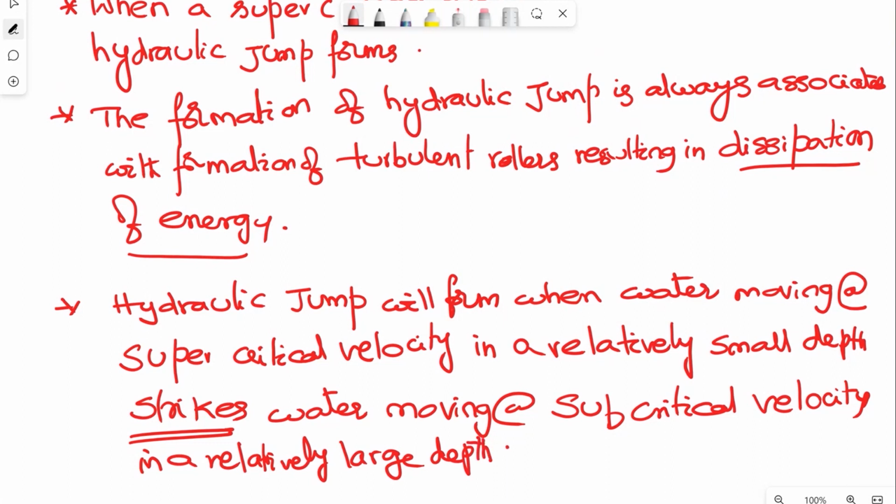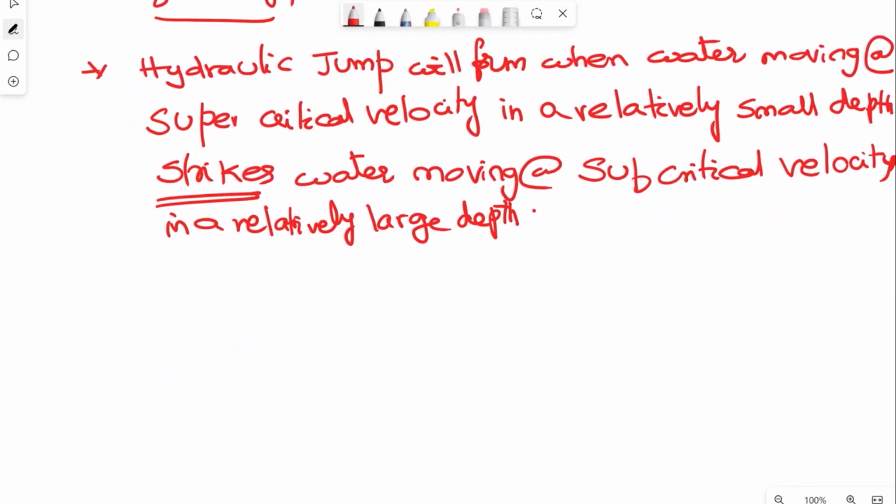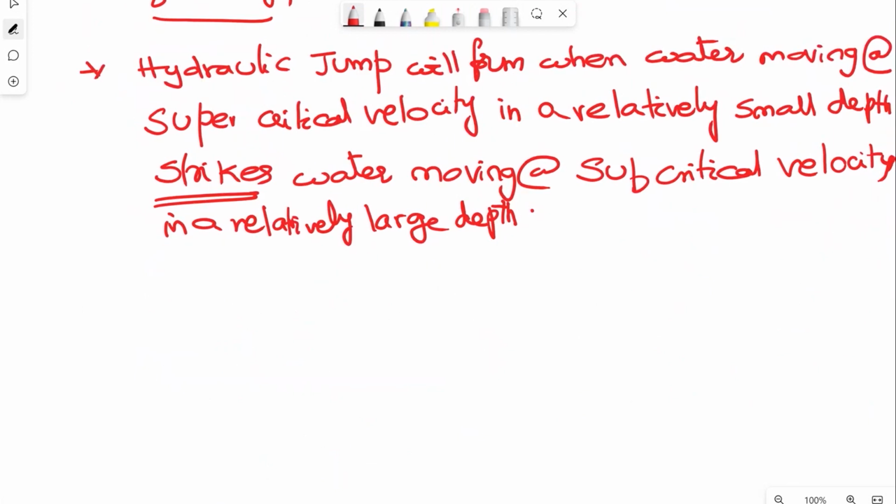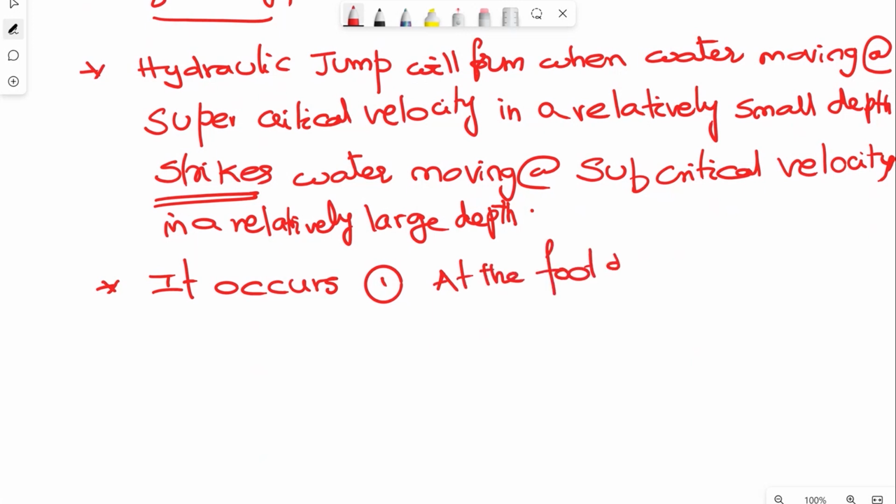This is the case, same as what I dealt with above. It occurs at the foot of the spillway, right?